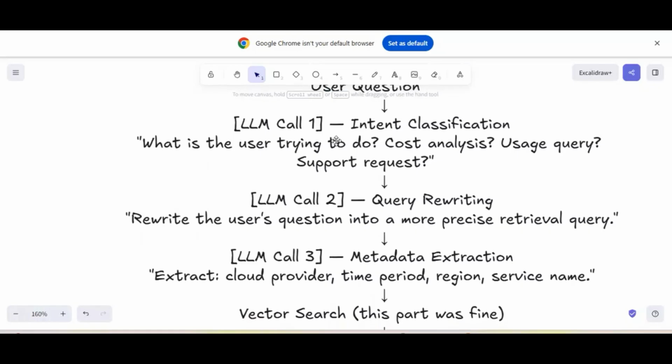The second step, once intent classification is done, is query rewriting. That means rewriting the user question into a more precise retrieval query. The user gives input in natural language, but even if one user asks a question one way and a second user asks it differently, the answer should be the same.